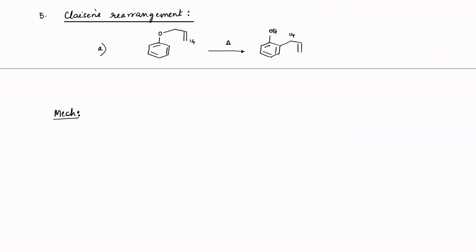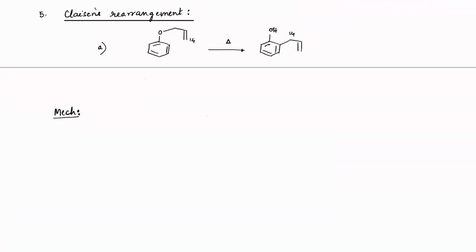Last thing is about Claisen rearrangement. Where you have an ether which is in an allylic form with benzene. So please check it out. You have a double bond here with O and a double bond here. Now what happens is the lone pair pushes here. Okay, we write the pi on the other side here, like this.